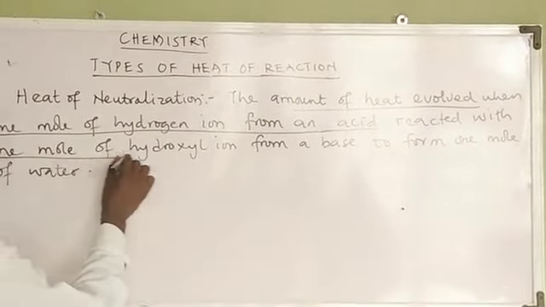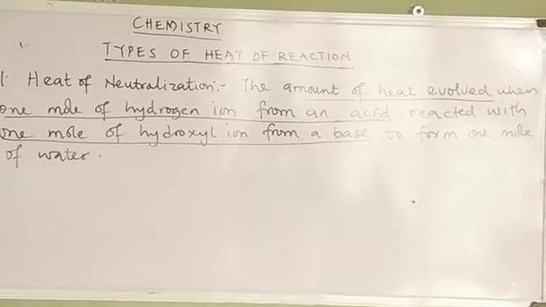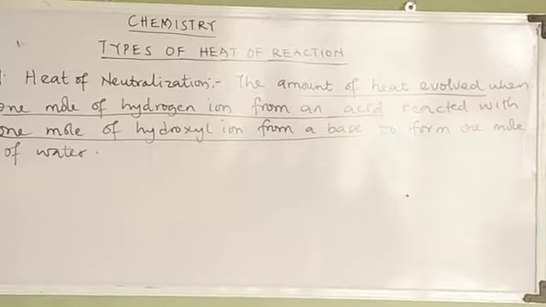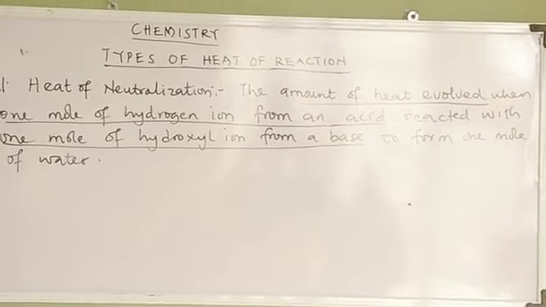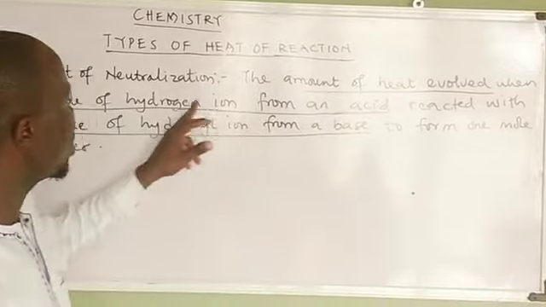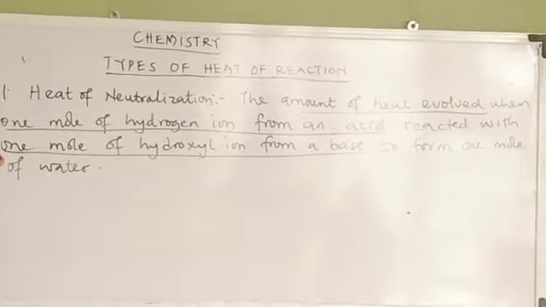Then 1 mole of hydroxyl ion from a base. If WAEC asks you a question like this, and 3 marks is allotted to it, these are the salient points that will carry 1 mark each. I hope that is clear.